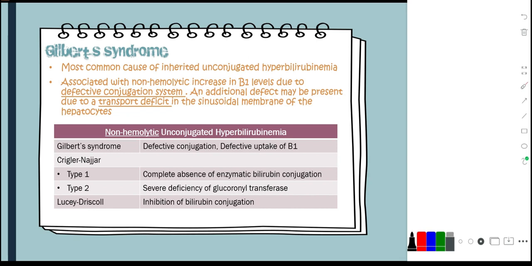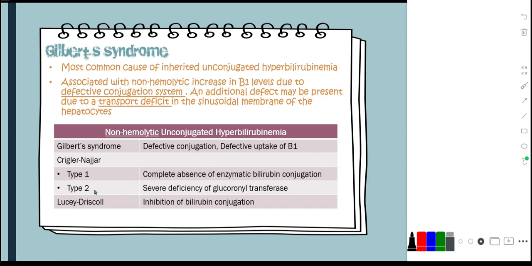That's why our patient has no glucuronidase transferase. In type 2, which is less severe compared to type 1, there is just a severe deficiency of glucuronidase transferase. So at some point, there is still some presence of the enzyme, but the deficiency is severe enough that it affects the conjugation function of the liver.